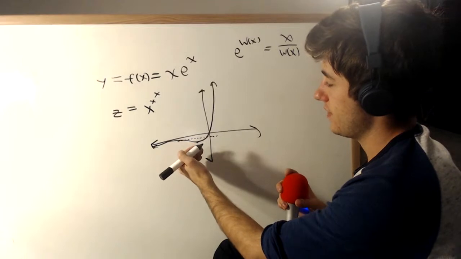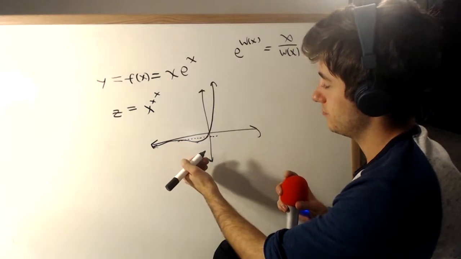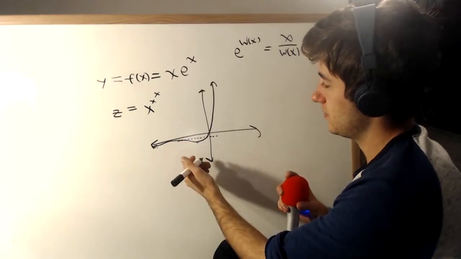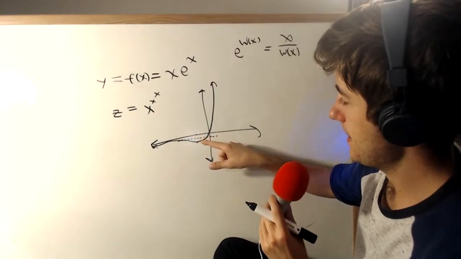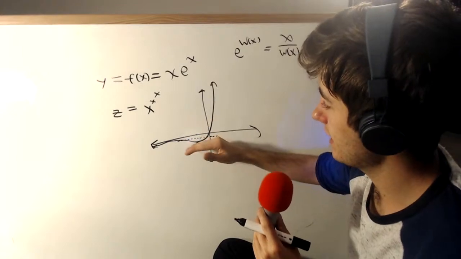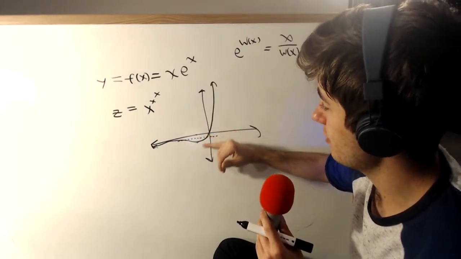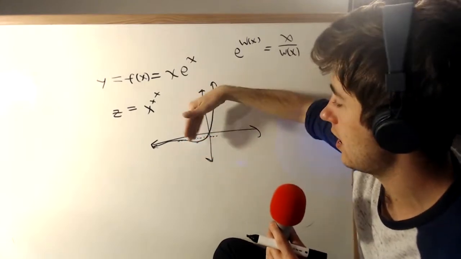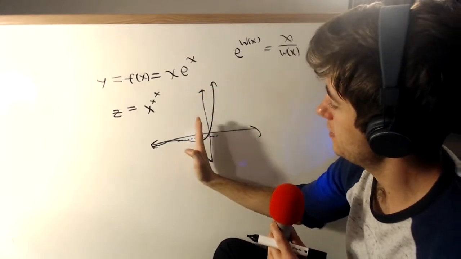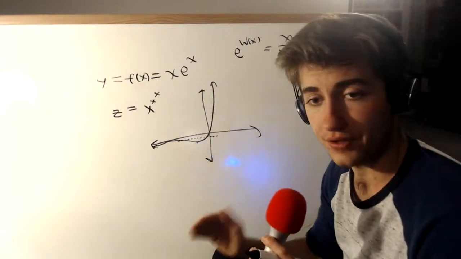And this is -1 right there. So everything that's less than 0 and greater than -1 over e fails the horizontal line test. So when you invert it, everything from -1 over e to 0 is not well defined.